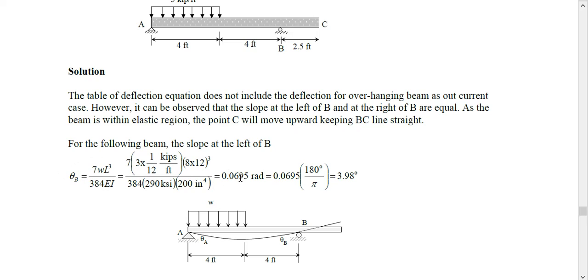I told you earlier also, whenever there is an angle that is detached from sine, cosine or tangent, that angle gives the result in radian. If there is a cosine here, that means that will be degree. If it is a separate or detached angle, that will give the result in radian. So whatever it gives you is in radian. I convert it into degree. So I know the slope here in degree.